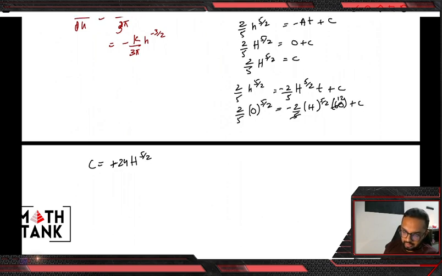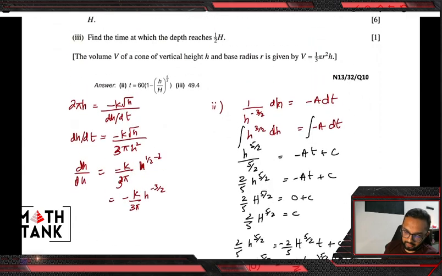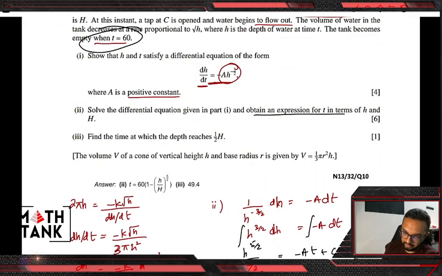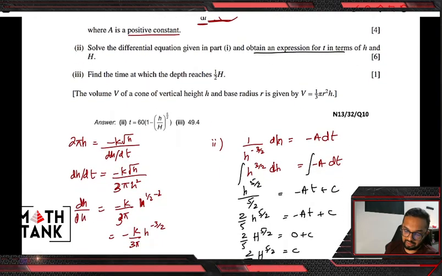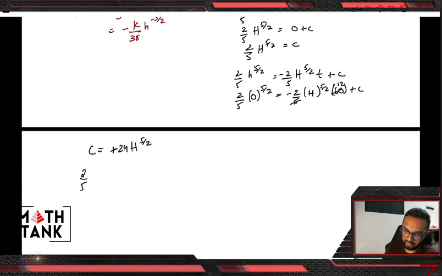Okay, then making what's the subject? It says obtain an expression for t in terms of h and capital H. t has to be the subject. So 2 over 5 h power 5 over 2 minus 2 over 5 capital H power 5 over 2 t plus 24 h power 5 over 2. So I should have let the LCM remain as it is, if that was possible.